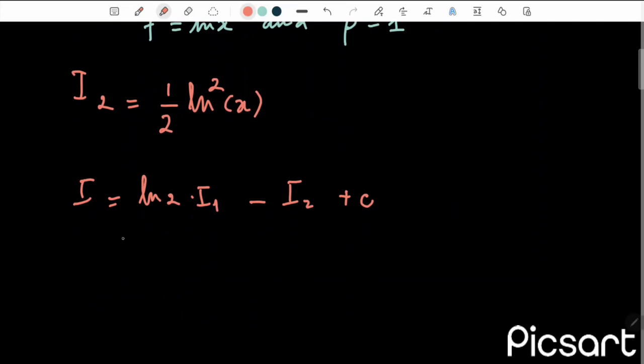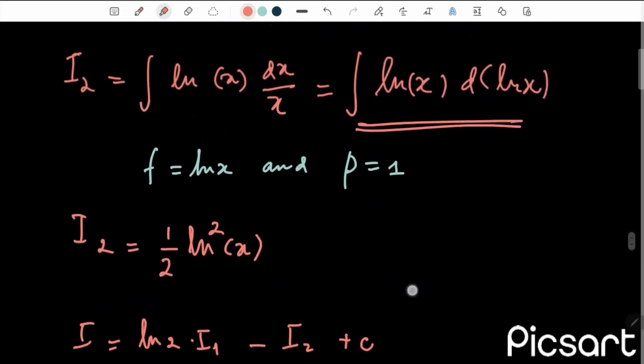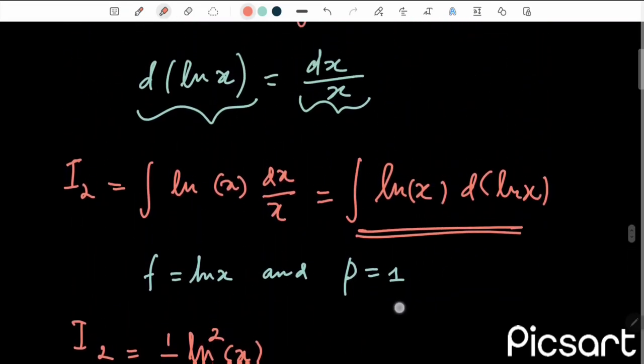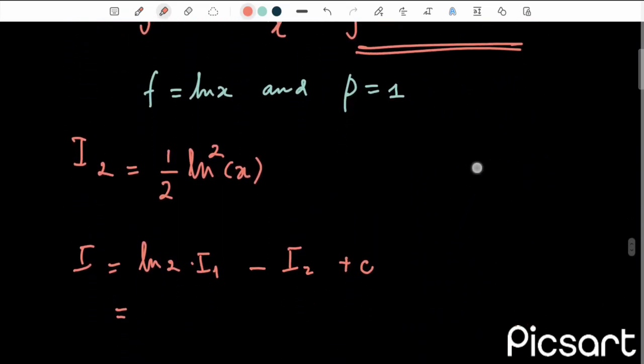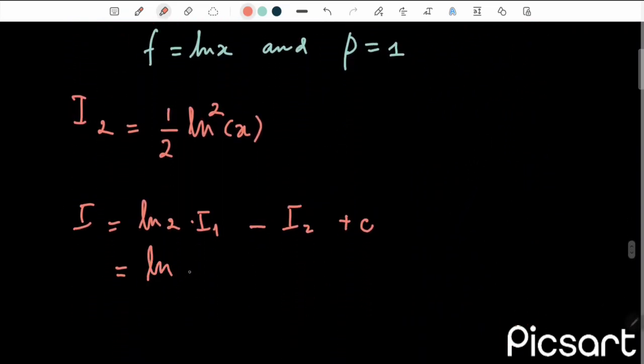And we have then it's equal to ln of 2 times I1, which is ln of x. Okay, this is ln of 2 times ln of x minus 1 over 2 ln square of x plus c.